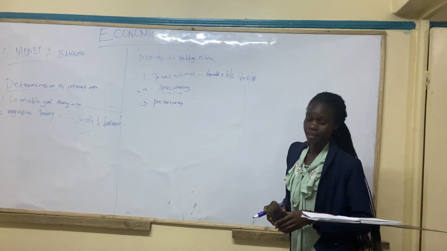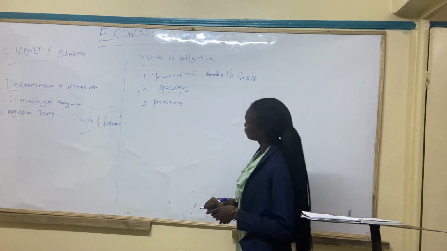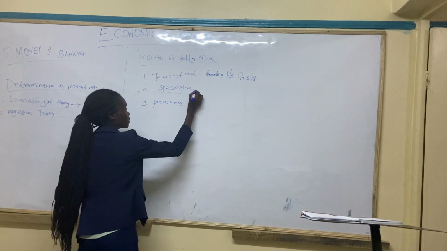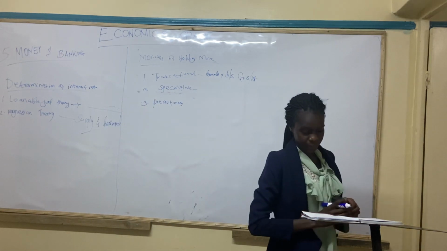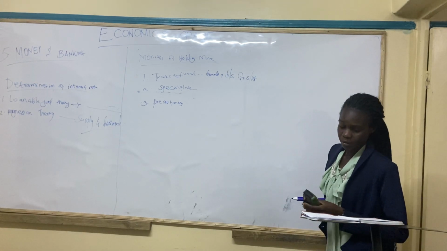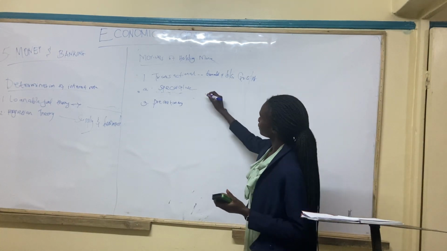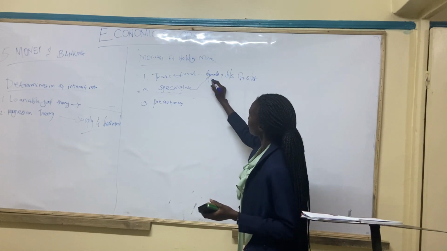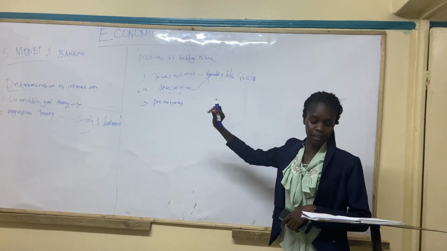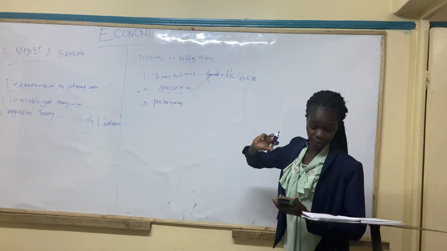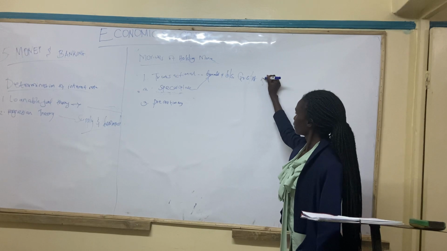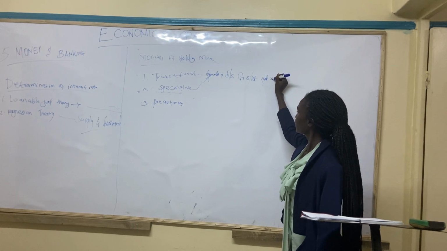The second one is speculative. Speculative is the demand for buying or selling government treasury bills or bonds to earn fixed interest rates.